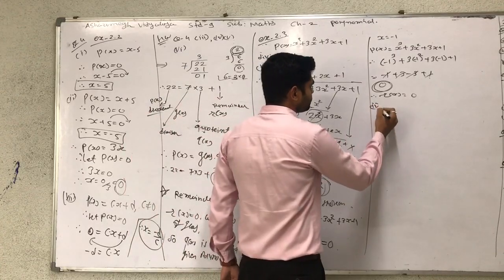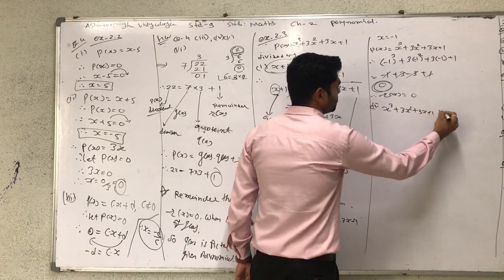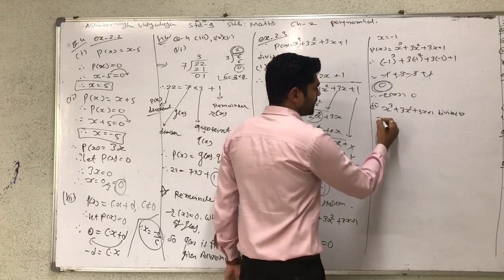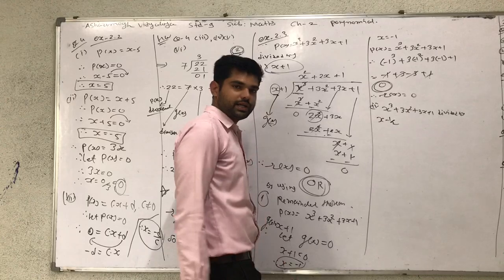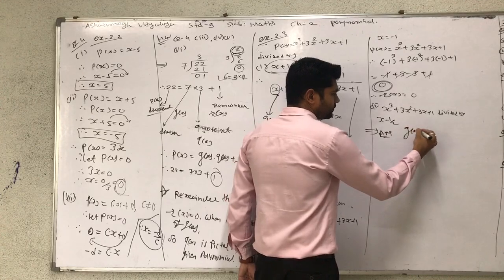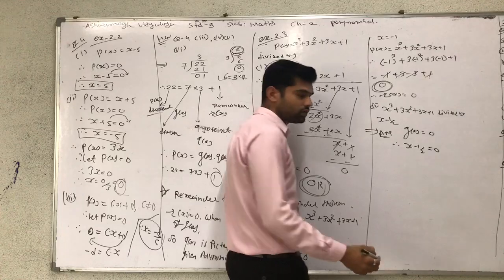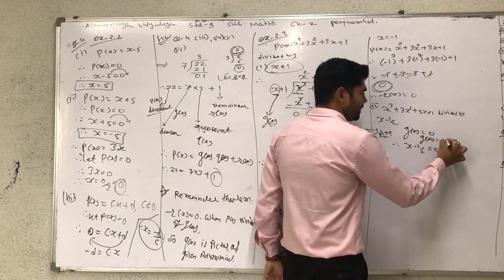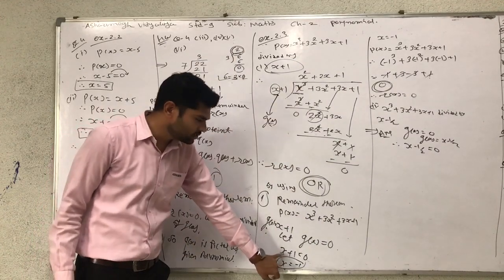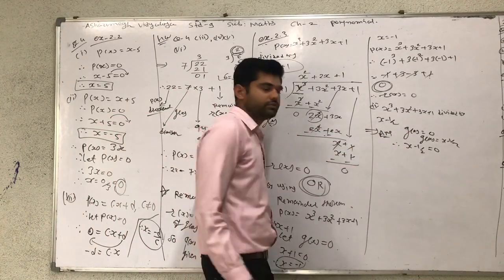Now question number 2, x cube plus 3x square plus x plus 1 divided by x minus 1/2. Same way, g of x equal to 0, therefore x minus 1/2 equal to 0, because g of x equal to x minus 1/2. Earlier we divided by x plus 1, so our g of x equal to x plus 1. Here divided by x minus 1/2, so g of x equal to x minus 1/2.